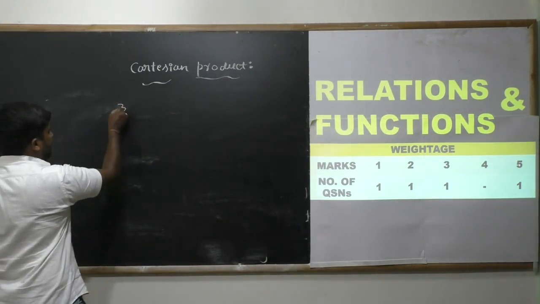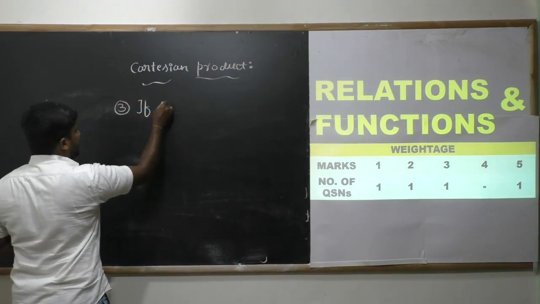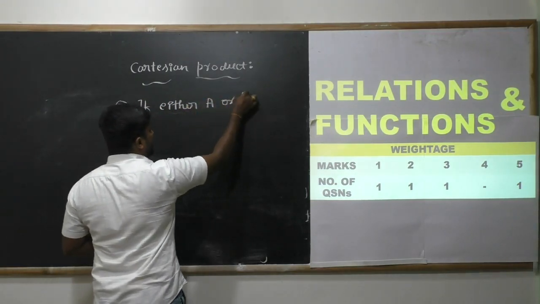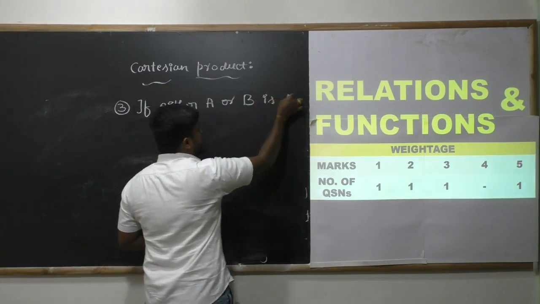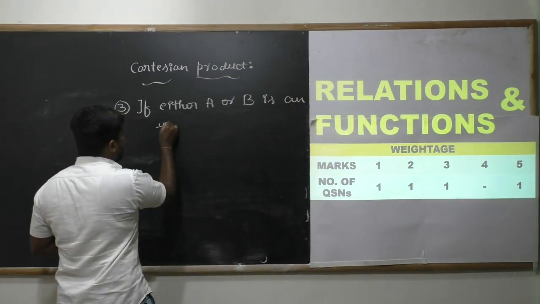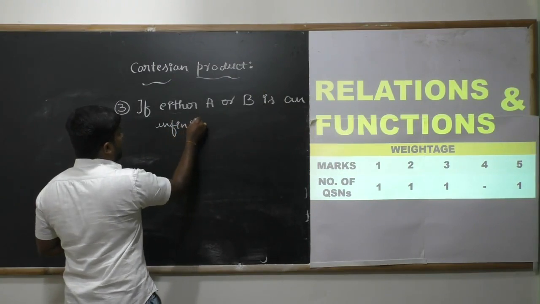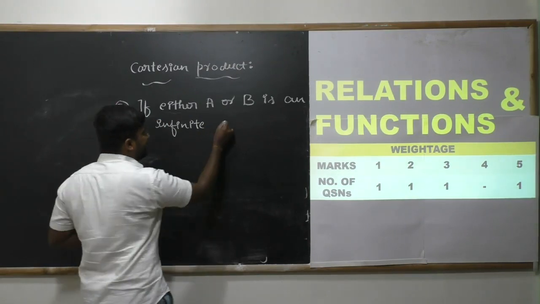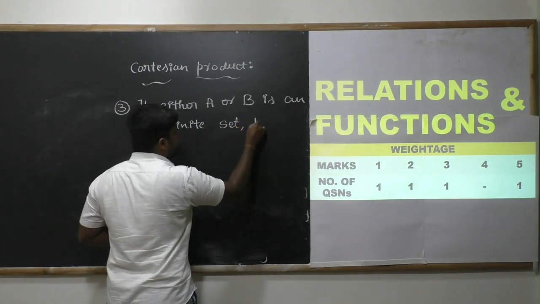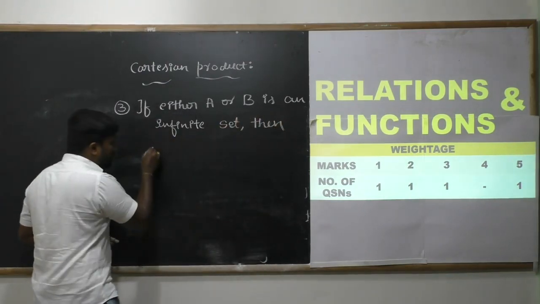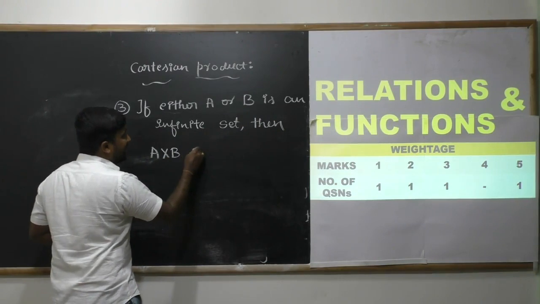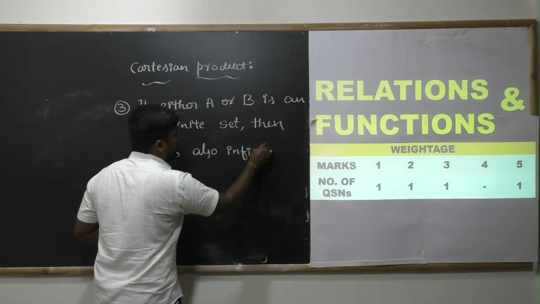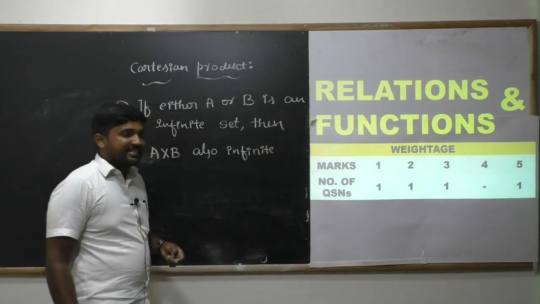If either set A or set B is an infinite set, then set A cross B is also an infinite set.